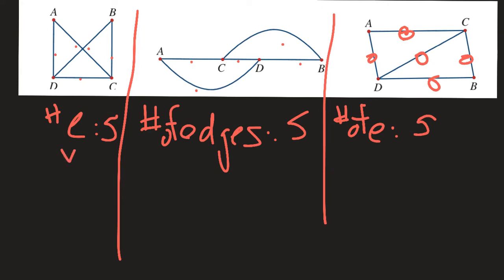Now let's check our vertices, V-E-R-T-I-C-E-S, number of vertices. I'll switch out my color pen so it might be a bit easier. So number of vertices here, 1, 2, 3, 4.